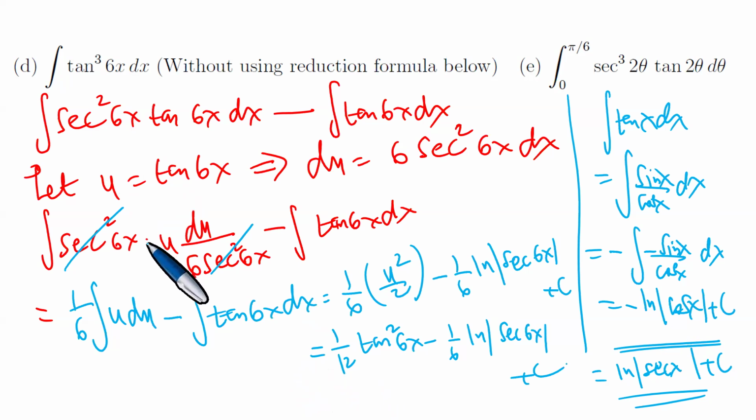But once again, with this answer, we want to use also the reduction formula to derive the answer to this. The reduction formula is going to be proven below. That is why they said without using the reduction formula. So without using the reduction formula below, because the reduction formula is there, we've done it without, but we can use the reduction formula as well to arrive at the answer to this particular question.